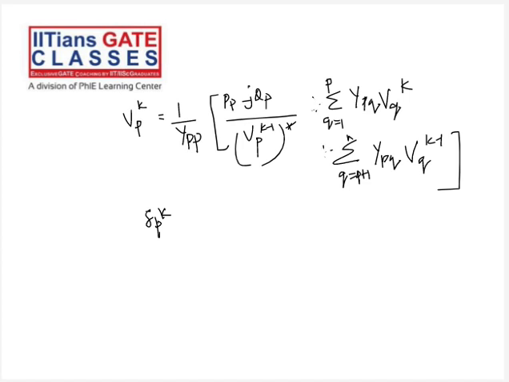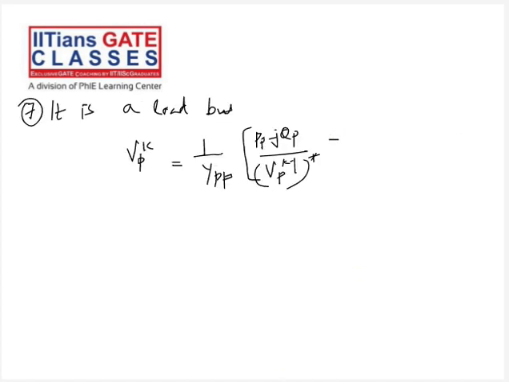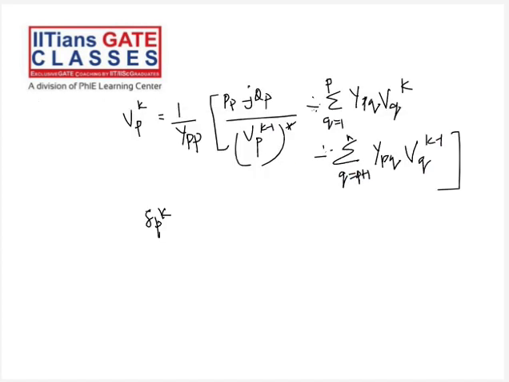Minus sigma q is equal to 1 to p minus 1. Should not be 0, that should be p minus 1.